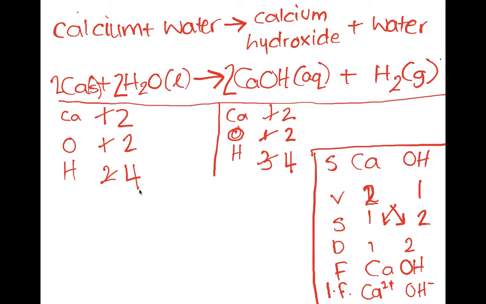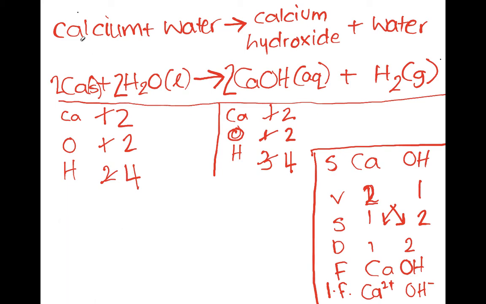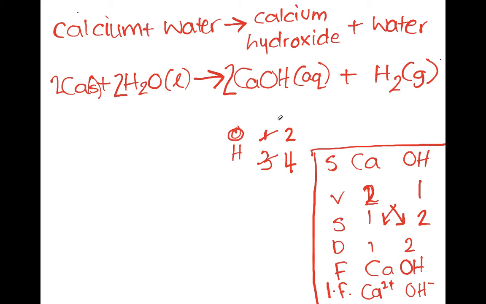Now, that is our balanced formula equation. We are not quite done yet. Now that we have our balanced formula equation, we have to write it out as an ionic equation.